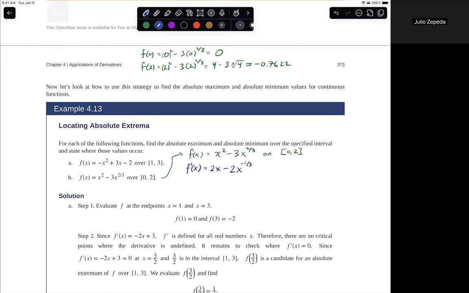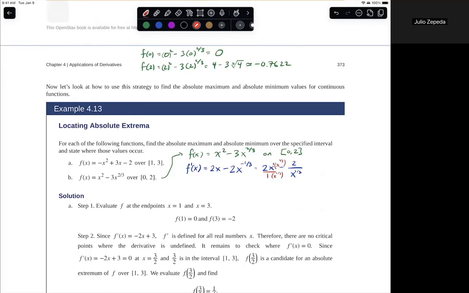That is going to be 2x minus 2 over x to the 1/3. We need to get a common denominator, so I'm going to write 2x over 1 and multiply that by x to the 1/3.